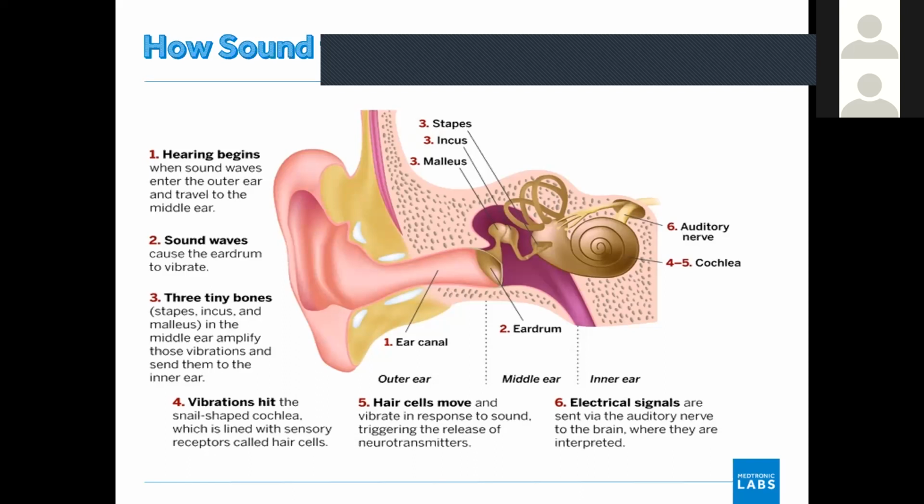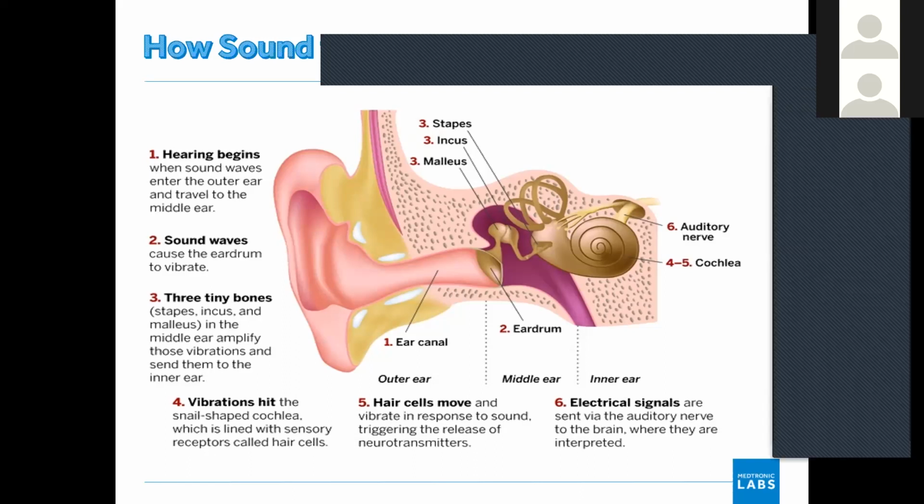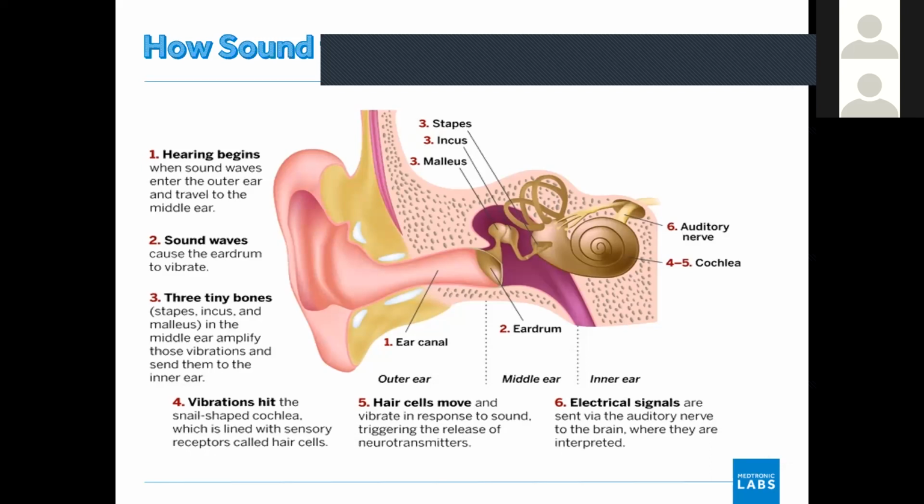Then this vibration transfers to the semicircular canal and cochlea, which contain fluid. Then this vibration is converted into waves or ripples. The ripples travel towards the tip of the cochlea, return back, and eject via the oval window.